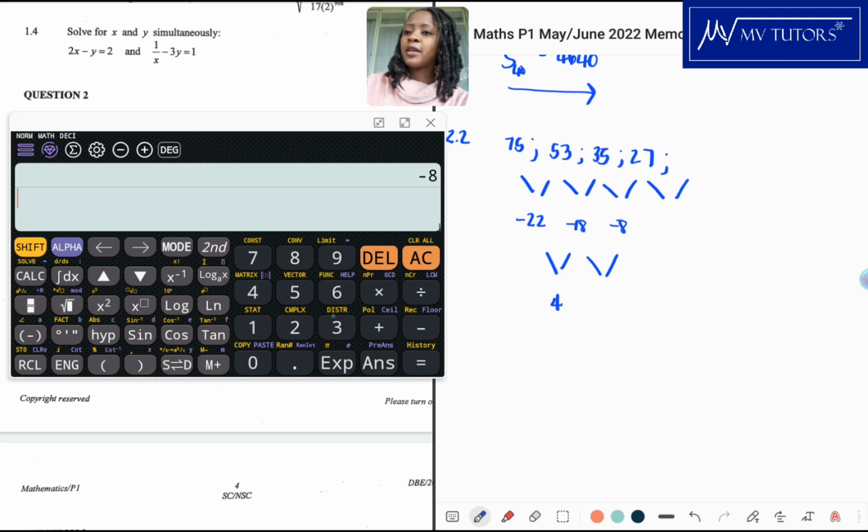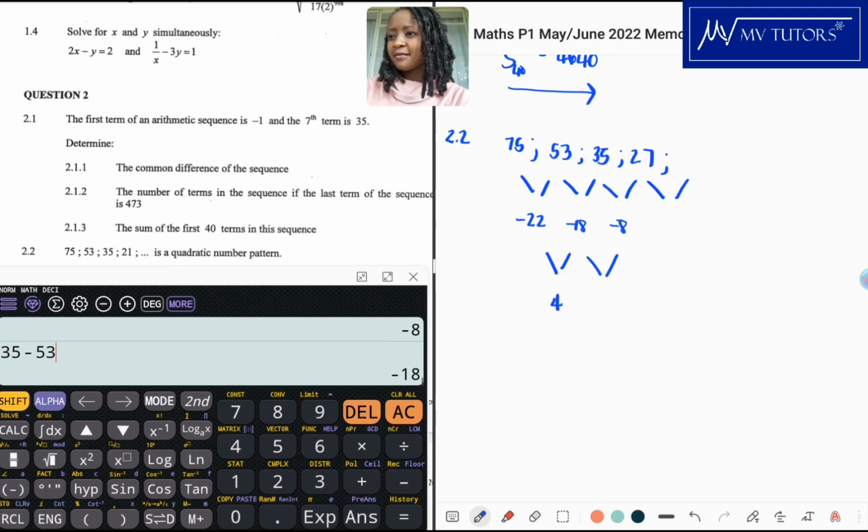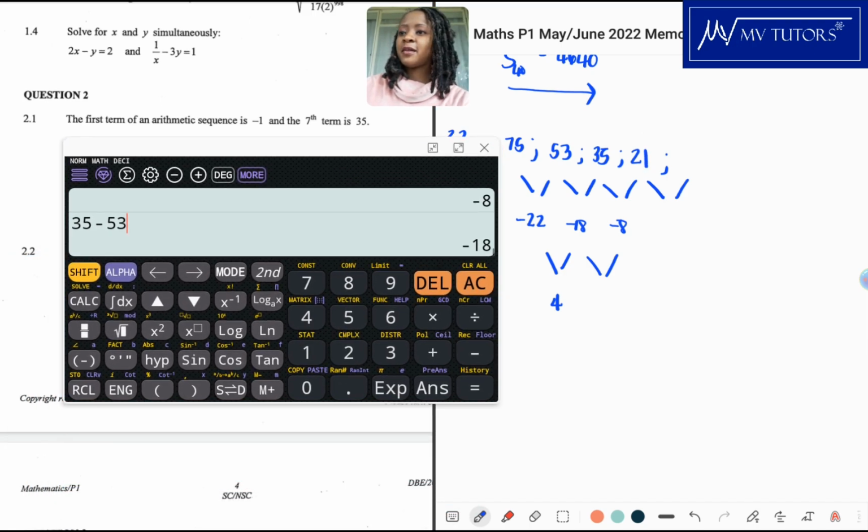I did something wrong here. 35 minus 53. Is 21. Sure, I'm putting 27. Okay, sorry about that. So 21 minus 35, that is negative 14.